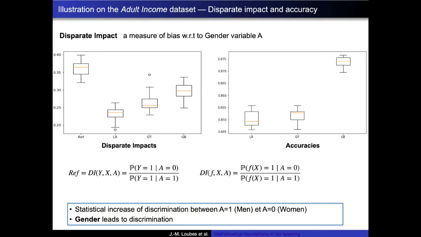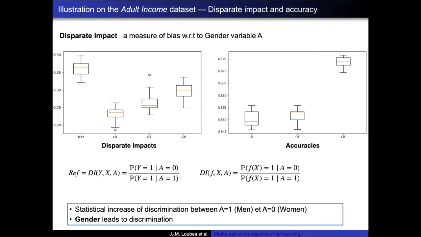But I can also look at some measure of bias. I can look at what is called DI, which means disparate impact, which is a standard measure of how bias affects a decision.